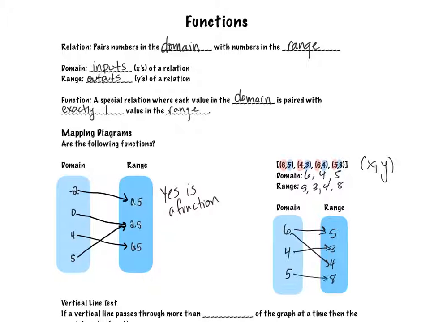And 5 goes to 8. When I'm looking to see if something's a function, I want to make sure that everything in my domain only has one line going out of it. It doesn't, right? 6 has 2 going out. 6 goes to 5 and 6 goes to 4. So this one is not a function.